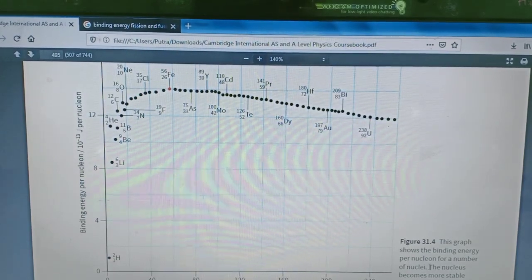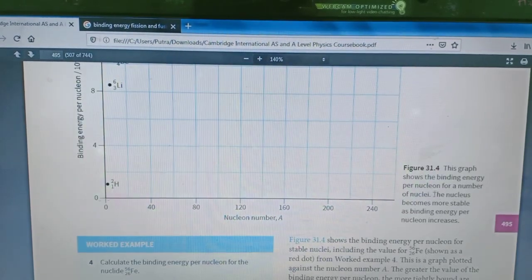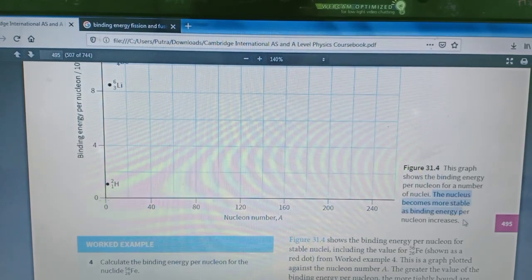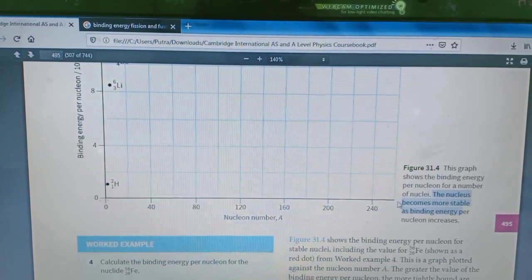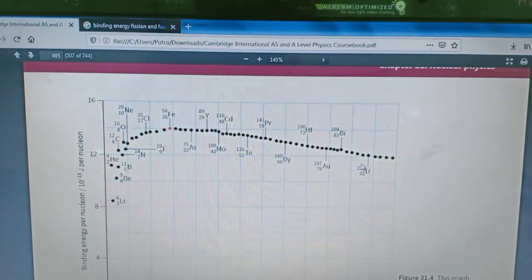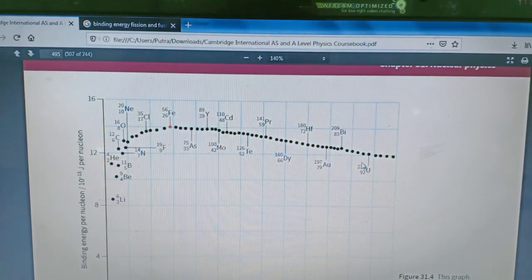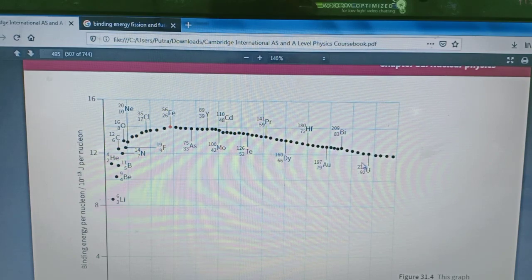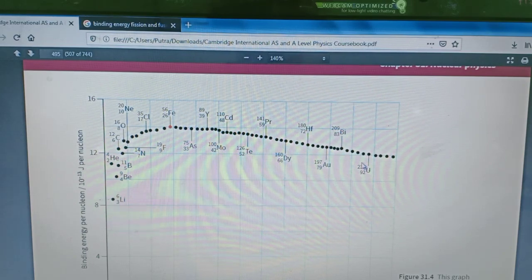We also need to know that the nucleus becomes more stable as binding energy per nucleon increases. So from this graph, we can see that the iron nucleus is the most stable nucleus, and after that, going down, as you can see here, the uranium nucleus is not stable. An unstable nucleus will tend to break apart into a stable nucleus.